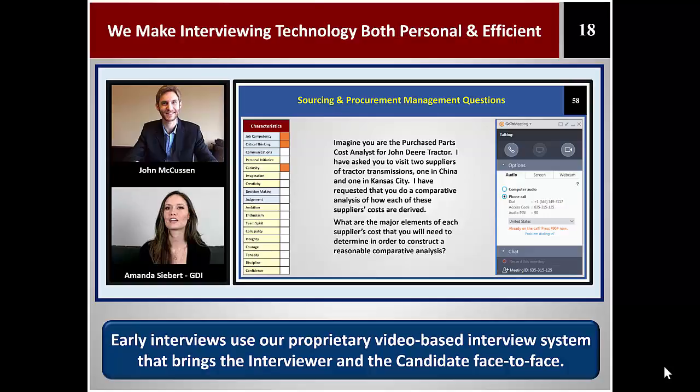Interestingly enough, everybody we interview will go through about 4 interviews with us, and then a social interview, and then a client interview. And mostly they make no trips. Usually we go to them for the social interview, and the only trip they make is the one with the client. So we're able to dramatically reduce your travel time and our travel expenses by doing these in a virtual video setting.